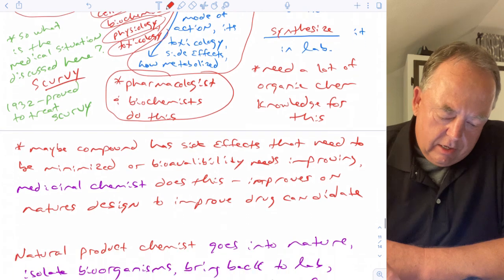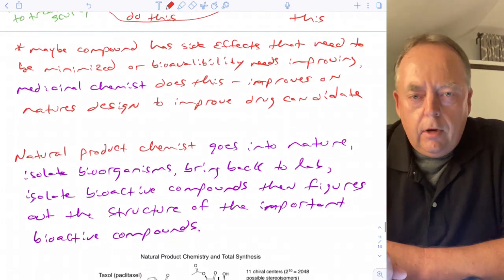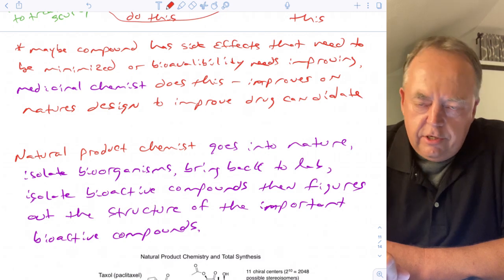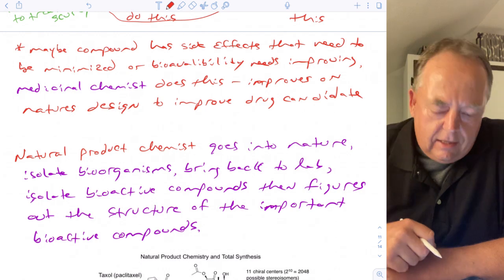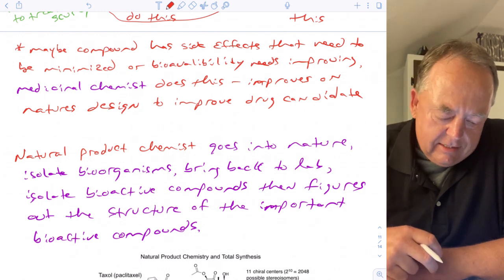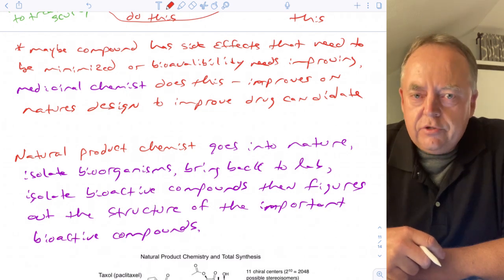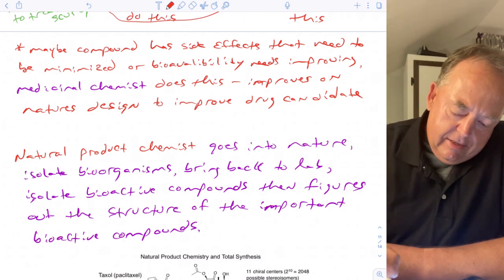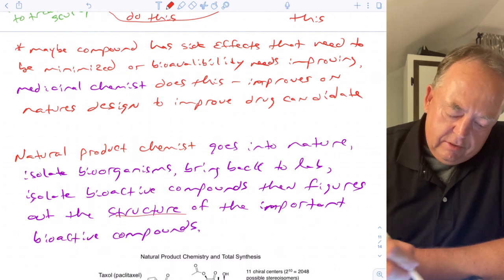So anyway, if this seems interesting to you, maybe you want to be a natural product chemist. Maybe you want to go out into nature, scuba diving off the coast of Jamaica, and bring some coral reef back to lab and see if there's anything in there that has antibiotic, antiviral, or anti-cancer properties. If it does, you would of course want to figure out the compound's structure.